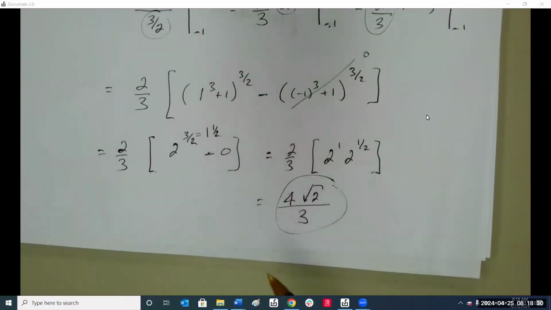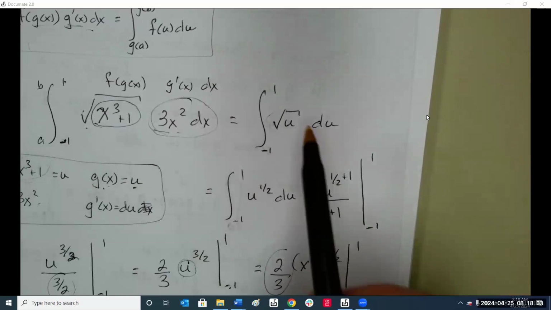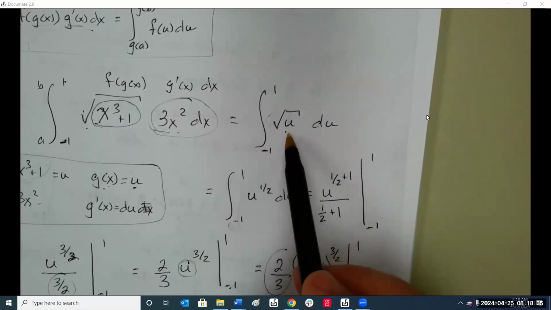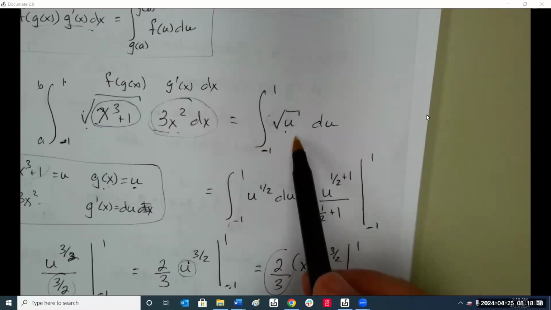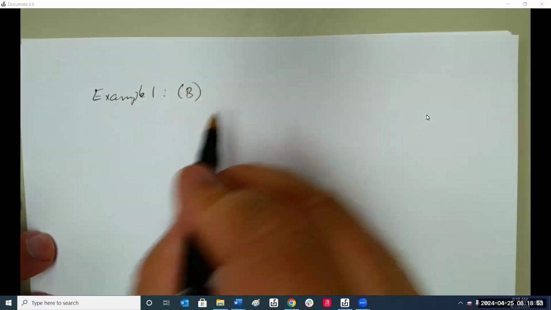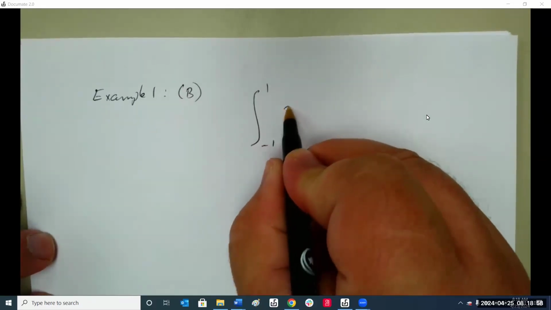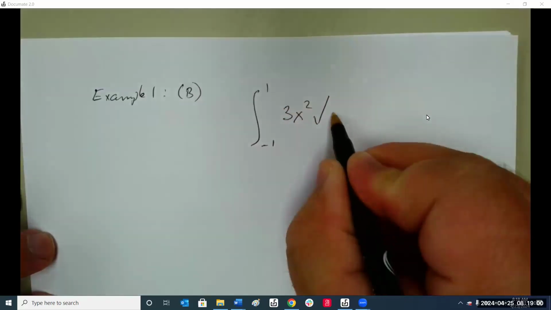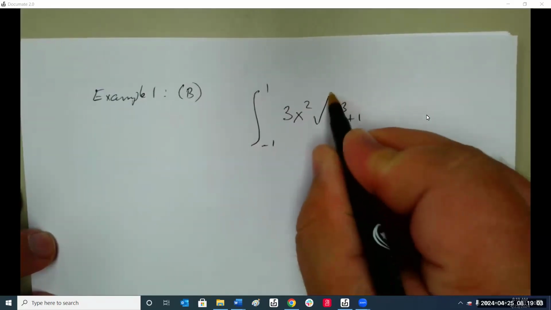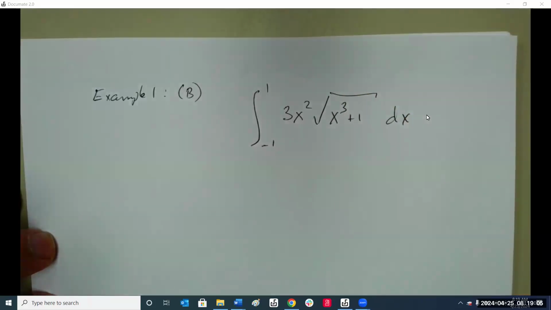Now, let's do the same example where we're going to stay as the substituted variable. We're going to stay as u. So we have from negative 1 to 1, 3x squared times the square root of x cubed plus 1 dx.